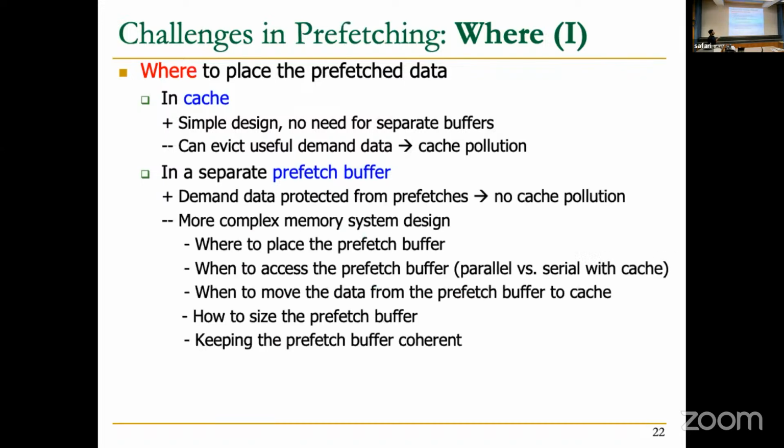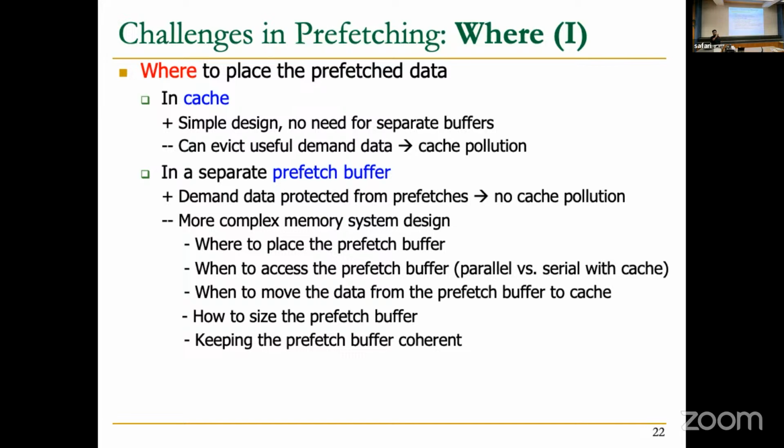But if you go for a separate prefetch buffer, the advantage is that there is no cache pollution, because it's just a separate prefetch buffer, so you're not going to pollute the existing cache. But then lots of other questions come into the picture. Where do we want to place this prefetch buffer? How do we manage it so that it stays coherent with the actual cache? How do we size this prefetch buffer?